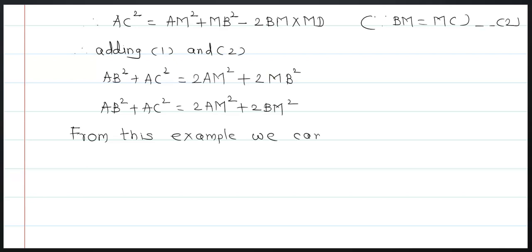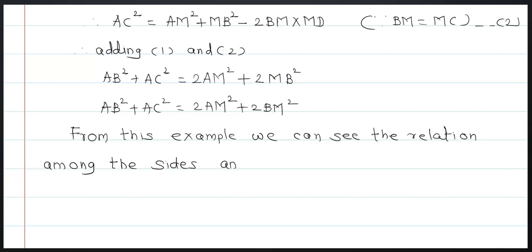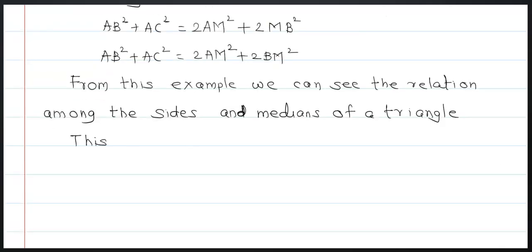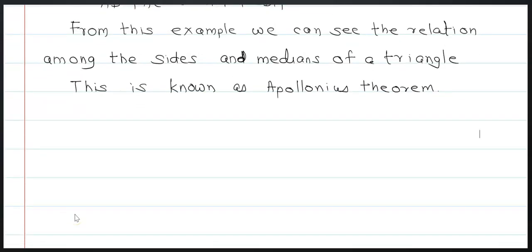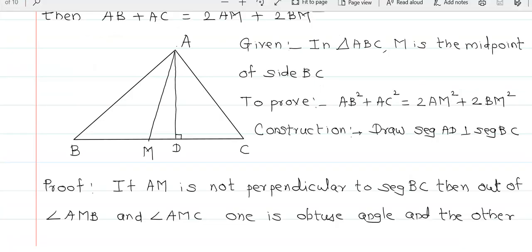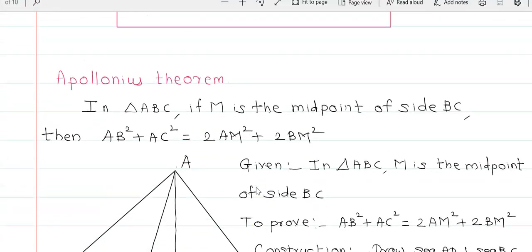From this example, we can see the relation among the sides and the median of a triangle, and this is known as Apollonius Theorem. Now again I will repeat this from the board, whatever I had written.